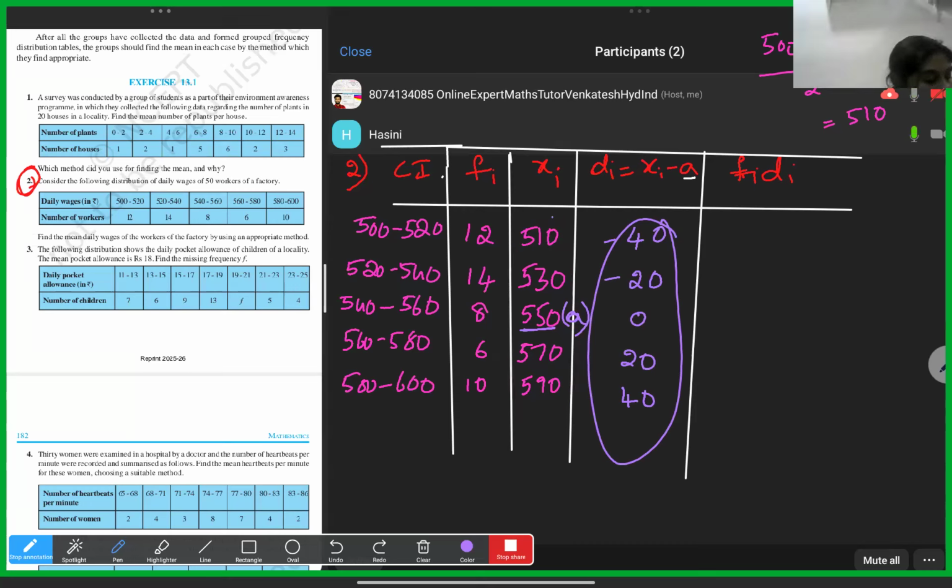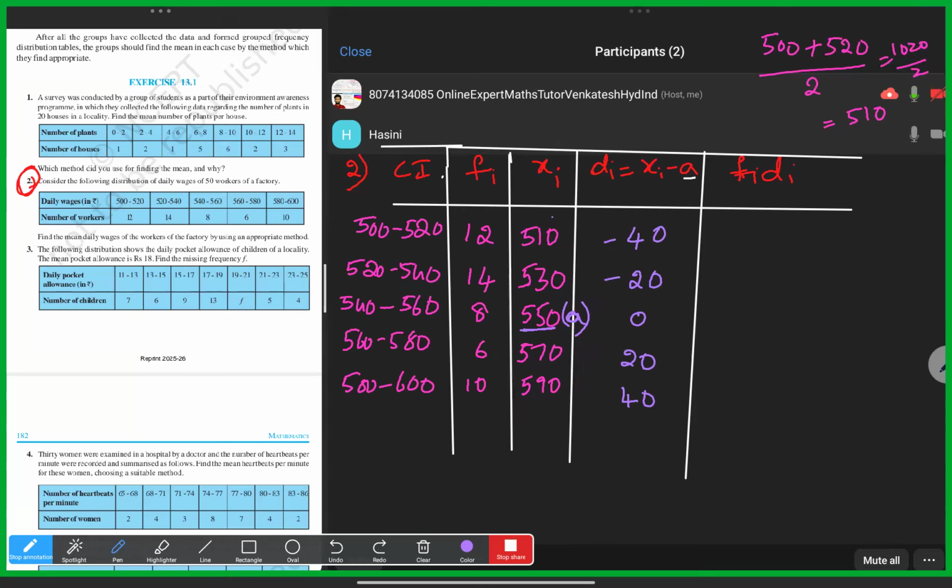Now, how we did fi xi multiplication in the direct method, Hasni, now we have to do fi di column multiplication. Whatever value is present in the fi column with respect to di, you need to multiply and write it in the last column, fi di. So 12 into minus 40.